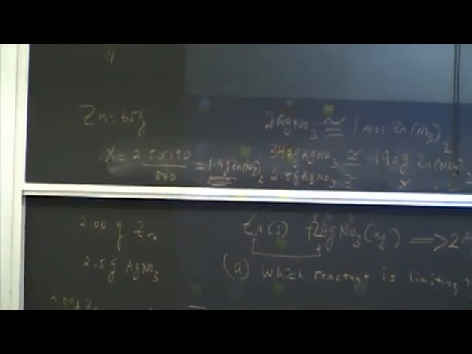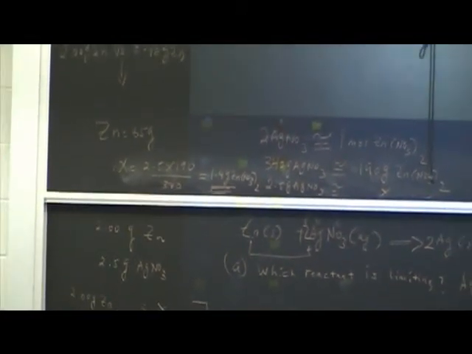If the zinc is the excess reactant, then you would... Okay, let's see. We have said that 0.48 gram of zinc is needed for 2.5 grams of silver nitrate.